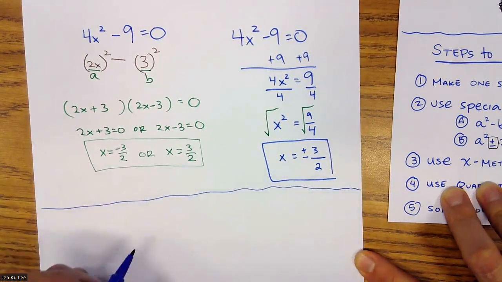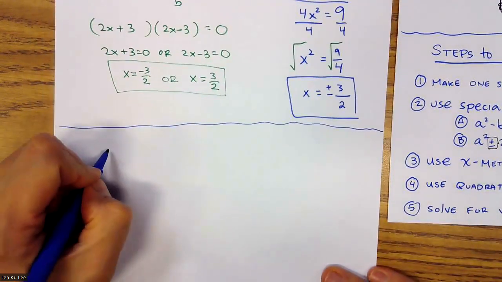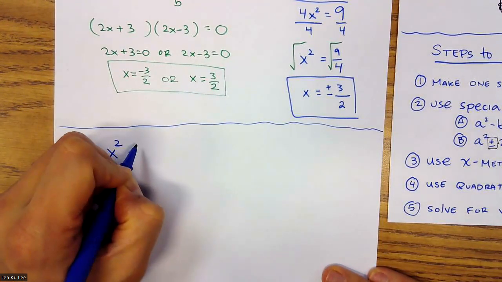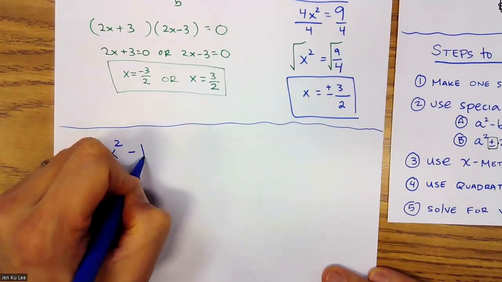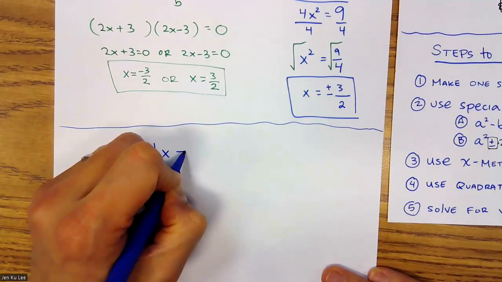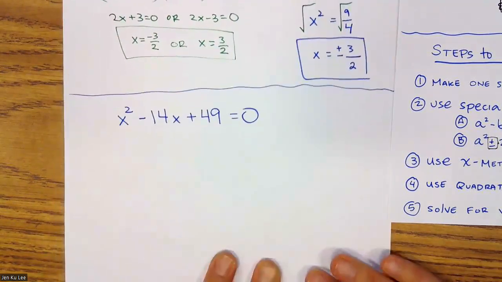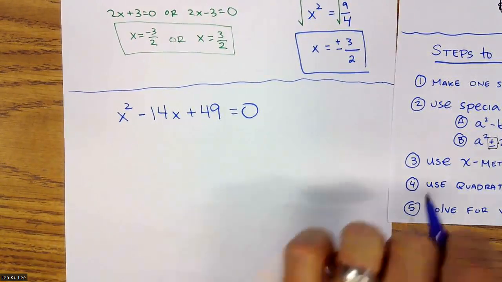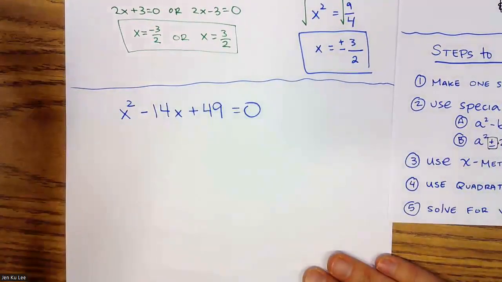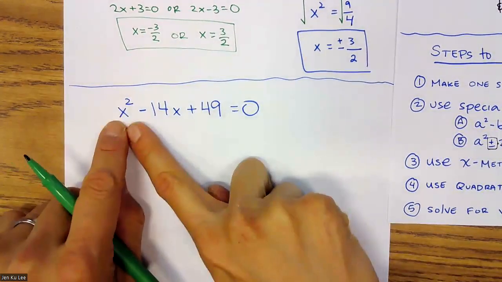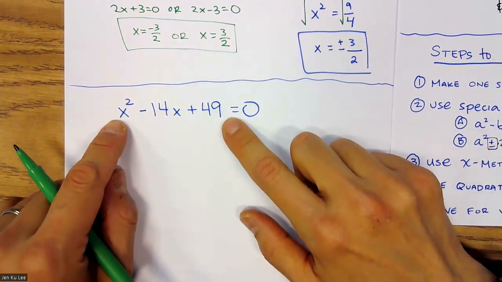Let's try and do one more special form. x squared minus 14x plus 49 equals 0. Okay? So when we're looking at special forms, my eyes go straight to the first term and the last term, always.